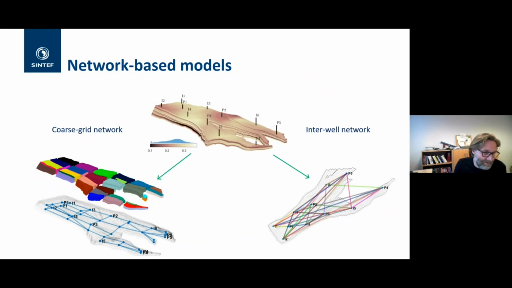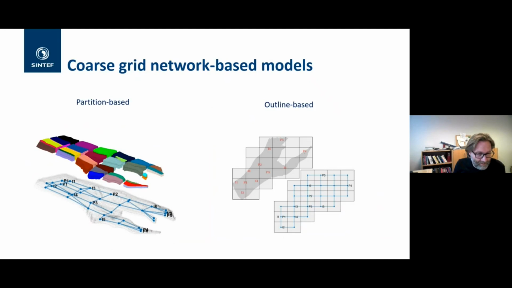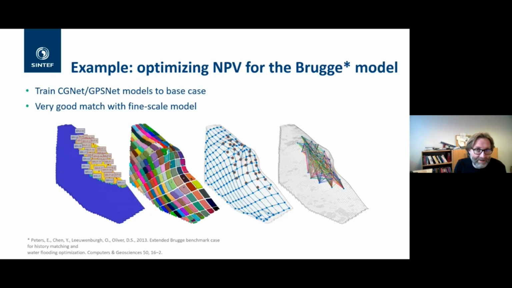Within these coarse grid network models, we distinguish between a partition-based one, which is based on a partition of the underlying fine grid, or a very simple outline of our model. To show one quick example, this is some work we did for the Brygge model quite a while back, where we consider both these coarse grid networks and also these pure network models.